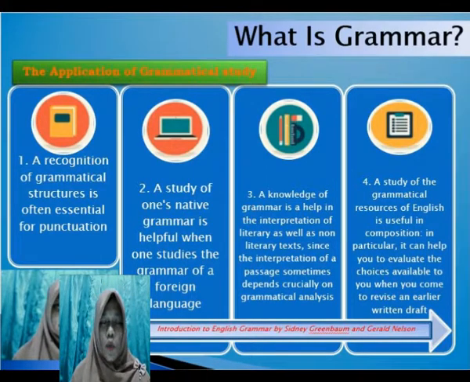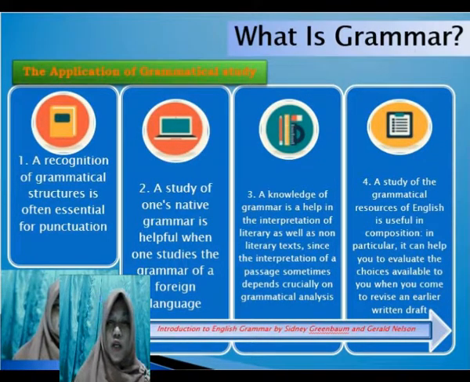Okay, the second one is the application of grammatical study. According to Sidney Greenbaum and Gerald Nelson in their book Introduction to English Grammar, the first one is that a recognition of grammatical structure is often essential for punctuation.